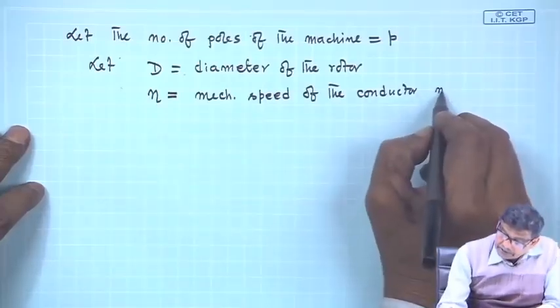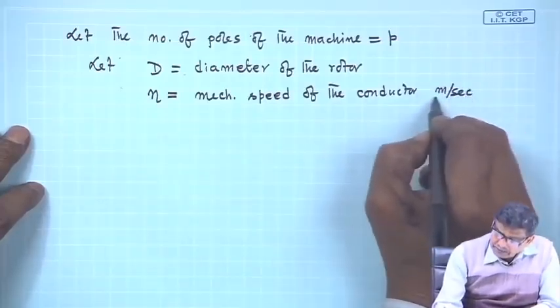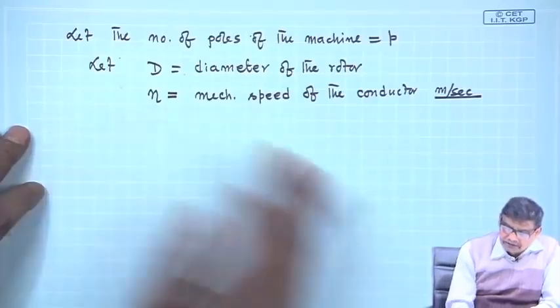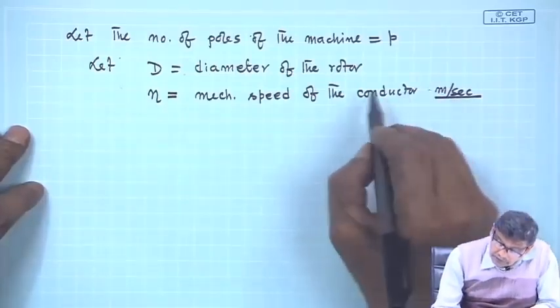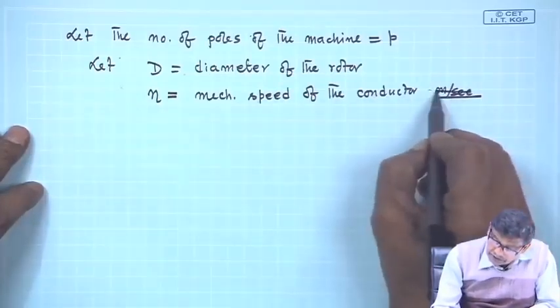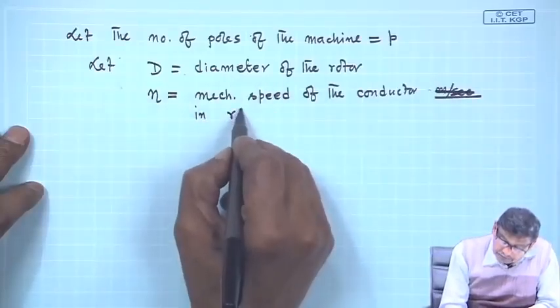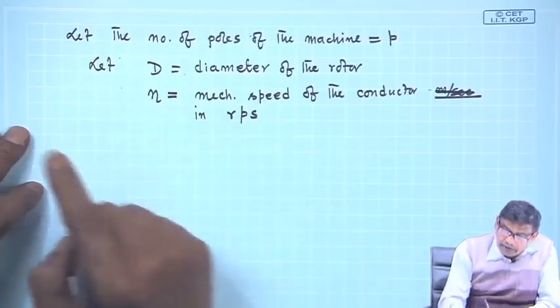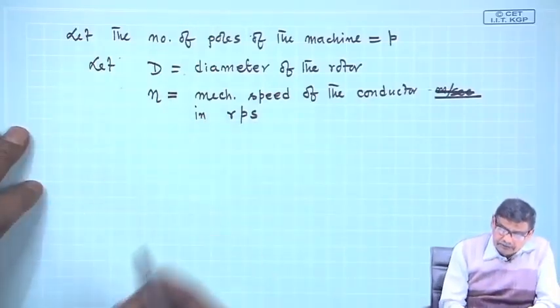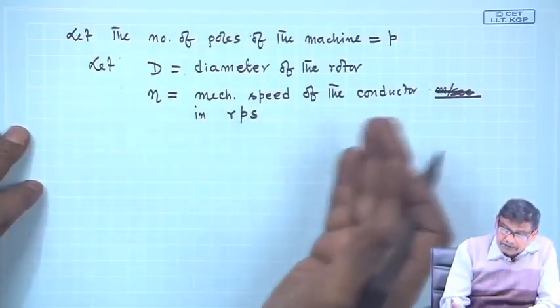in meter per second. So, this is mechanical speed, how many meters it goes. Oh no, mechanical speed of the conductor, I am sorry, in RPS. How many rotations it makes, which I can measure as mechanical speed.